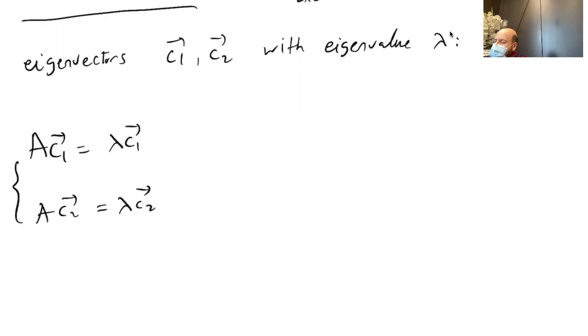Now, C1 and C2 are two vectors which are linearly independent. We know that in dimension n, if we have n vectors which are linearly independent, then they automatically construct a basis for Rn. So here I have two vectors in R2 which are linearly independent, so they automatically construct a basis for R2.